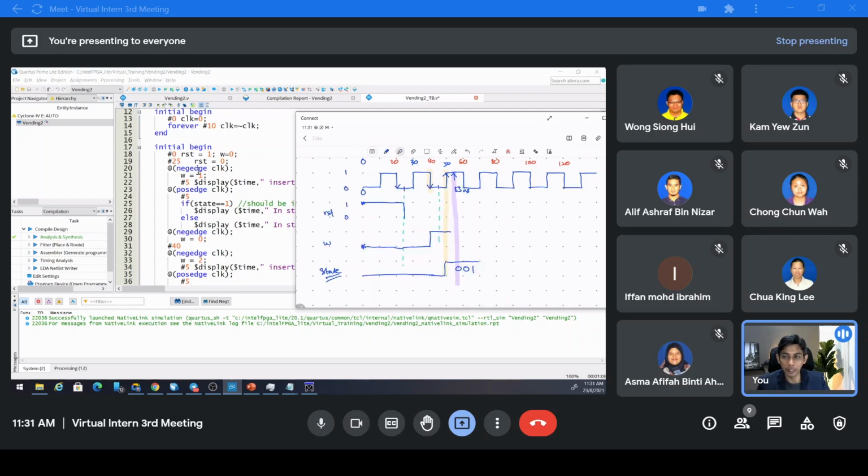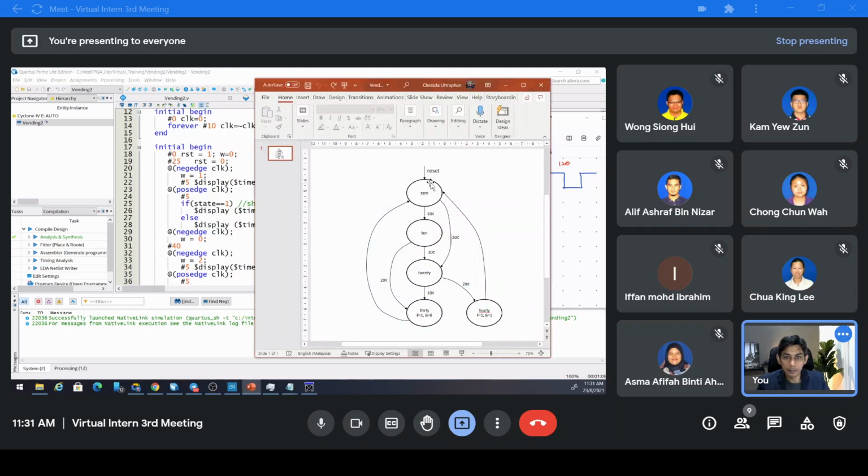But in my case, at 25 nanoseconds I deactivate my reset. When reset, I will be at state 0, and it will stay in state 0 forever, except if you have this input or this input. Other than that, you will always be at state 0. So at state 0, we want to simulate.